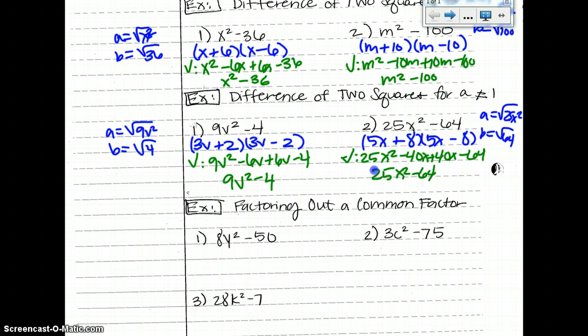Okay, I got the quantity 5x plus 8 times the quantity 5x minus 8.